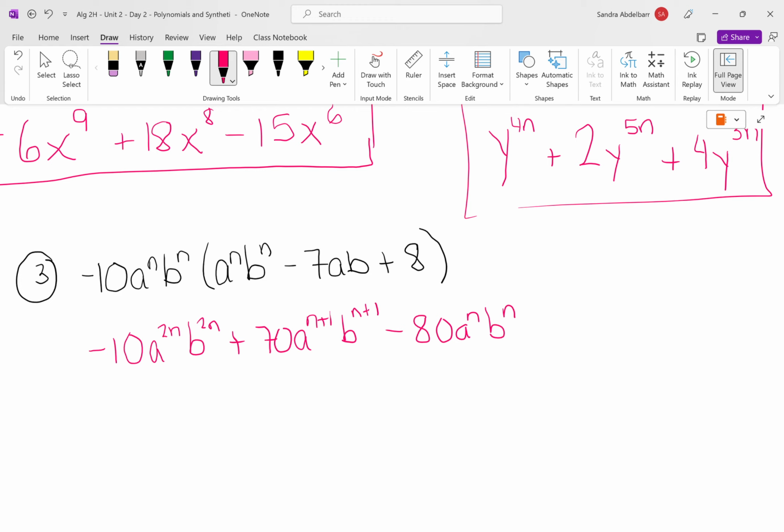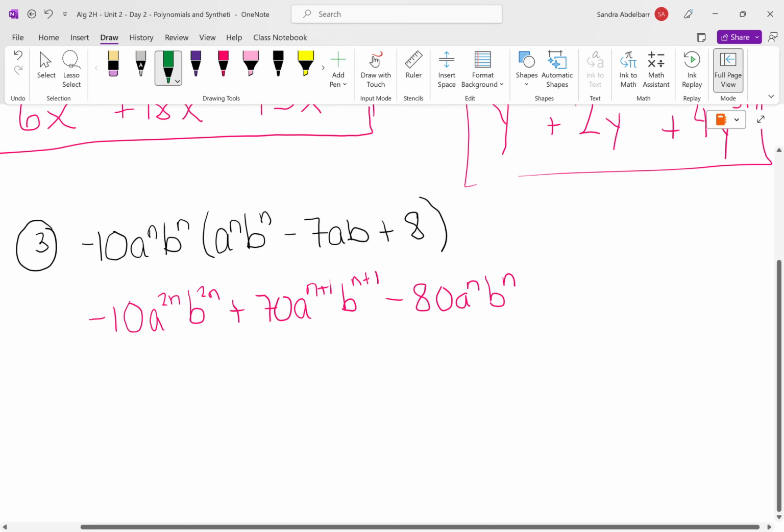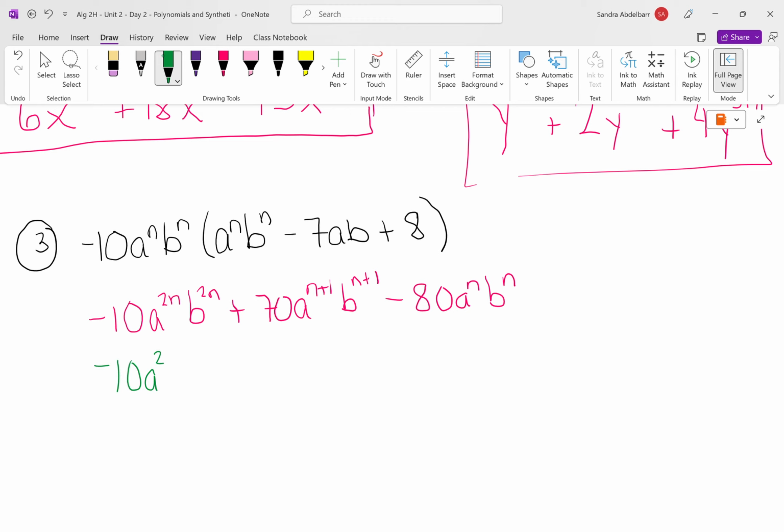Anybody get anything different? Every person got this. Well, Antonio. I got negative 10a to the 2n, and then b to the 2n, and then plus 70a to the 2 plus n, and then b to the 2 plus n, and then negative 80a to the n b to the n.